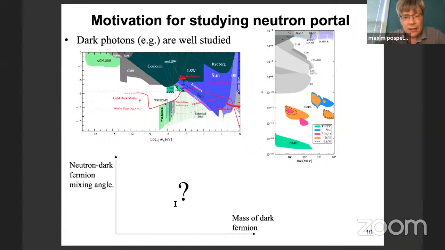And aside from some interest and a few occasional works, there hasn't been a complete map out of this neutron portal, even though it could also be an economical model: the mass of a dark fermion and the neutron-dark fermion mixing angle. Although, of course, this is a high dimensional operator, as I mentioned.